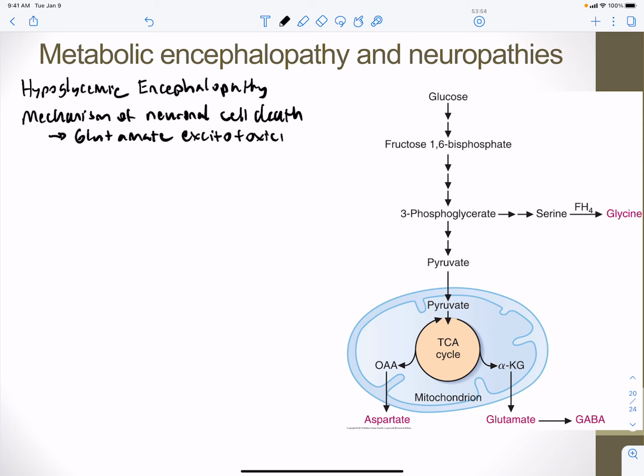and this is where energy reserves are depleted and uptake pumps fail to collect glutamate.